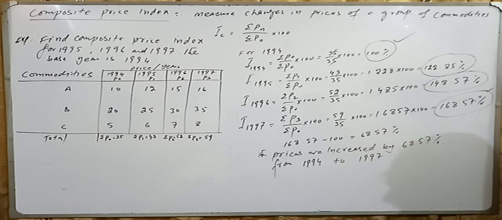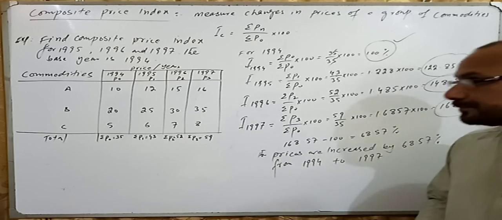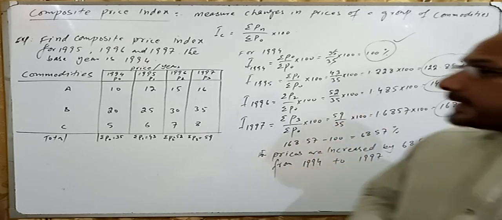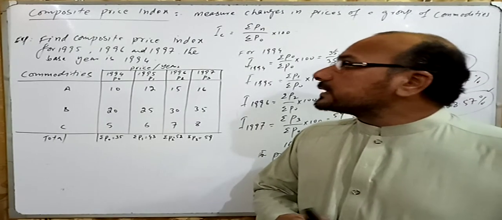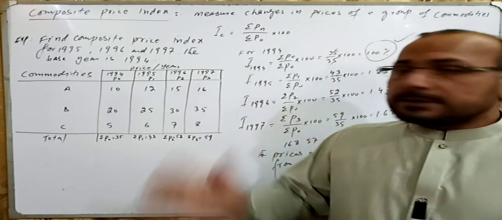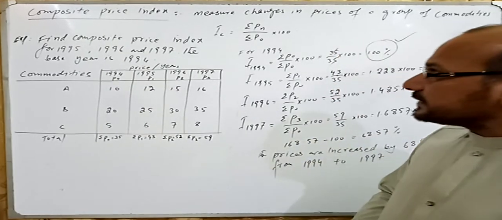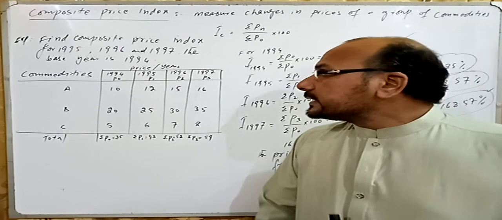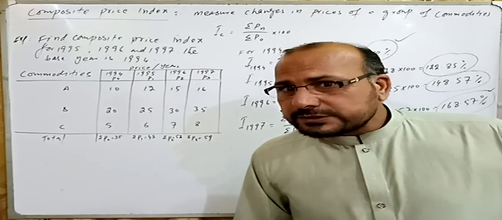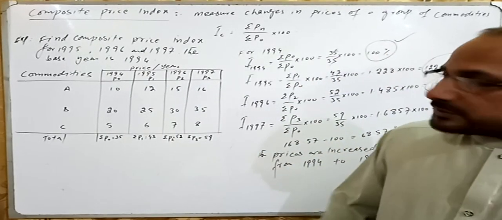So you can check it in this way. This is how we can find the composite price index. Simple price index, composite price index. These are also called the aggregate composite price index.